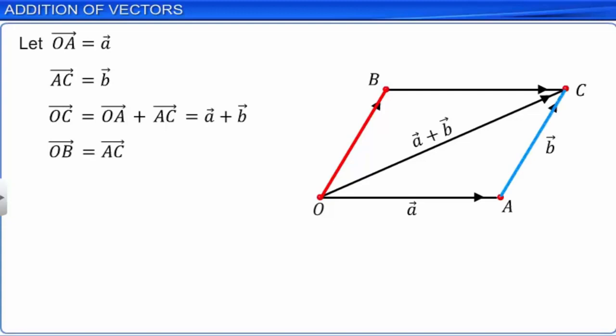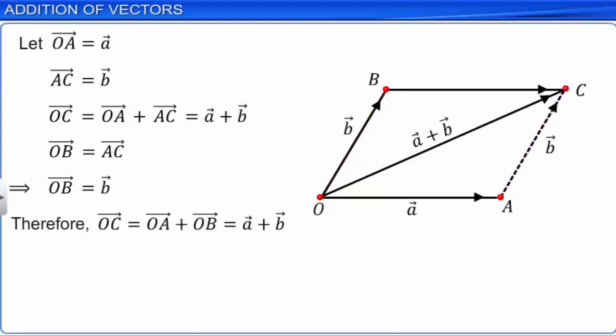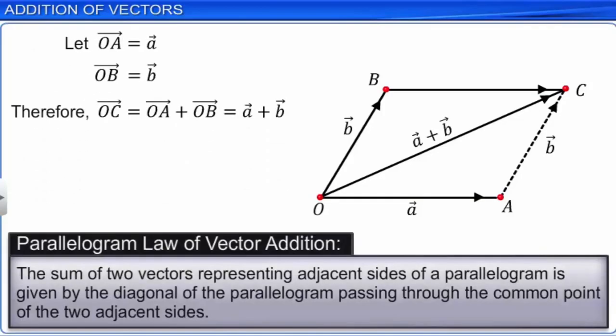Therefore, vector OB is equal to vector B. We observe that the sum of vectors OA and OB is represented by the diagonal of the parallelogram passing through the common point of vectors OA and OB, that is, point O. The parallelogram law of vector addition states that the sum of two vectors representing adjacent sides of a parallelogram is given by the diagonal of the parallelogram passing through the common point of the two adjacent sides.